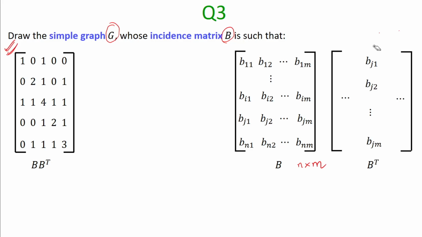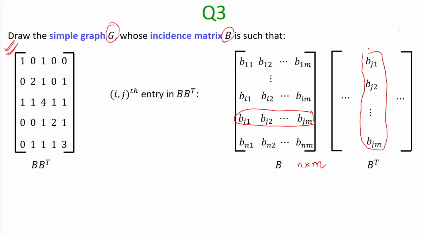Now it is easy to see that the jth row of the incidence matrix B will become the jth column in the transpose of the incidence matrix. That comes from the property of the transpose of a matrix. And what will be the i comma jth entry when we multiply the matrix B with the matrix B transpose?